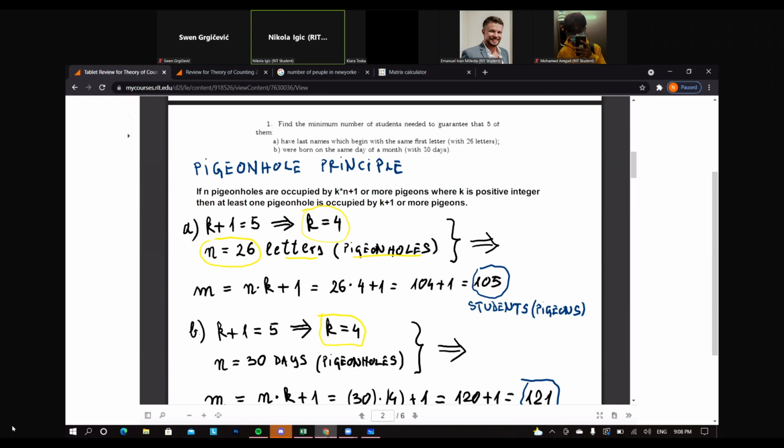If I have 26 letters, and I have how many holes? 4 holes. No. 26 times 4 plus 1, and I need to put them in 4 holes. I don't know how to represent this with the holes.